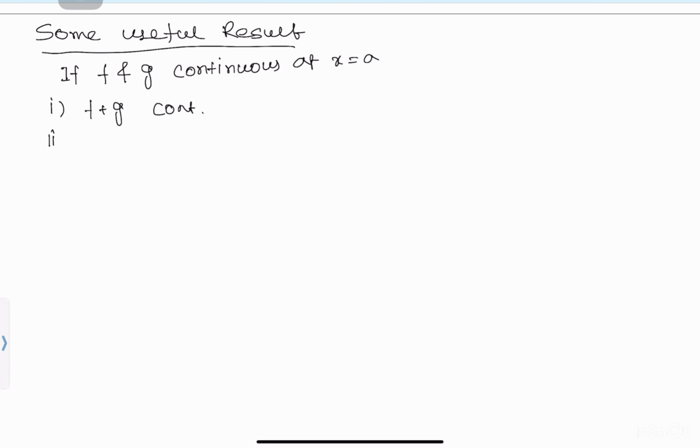Clear? Second, f minus g is continuous. Third, f times g is also continuous at x equal to a, all the same.